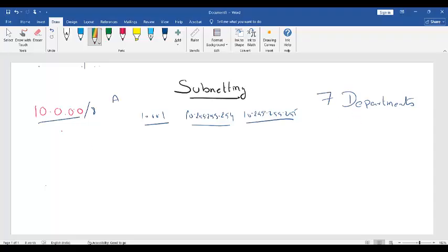I need to take this one single network and make it as 7 networks. How? By giving some bits. This is already given for network, so don't disturb. 1, 2, 3, 4, 5, 6, 7, 8. Now these are the bits available for us.